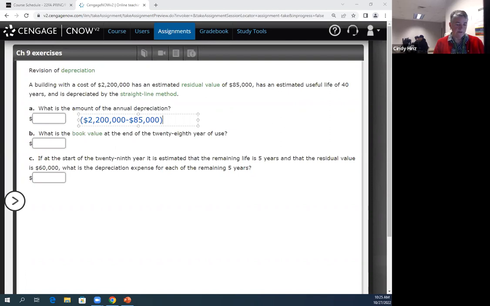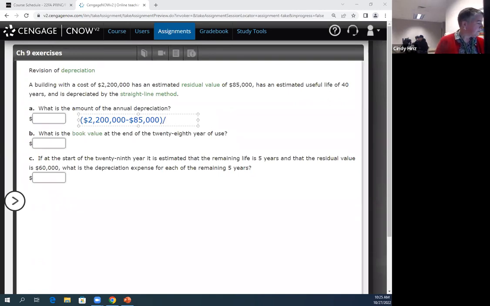It's the amount of that original value that we are going to use up, and therefore the amount that we need to record as expense. So we are going to use up $2,115,000 worth of this asset.